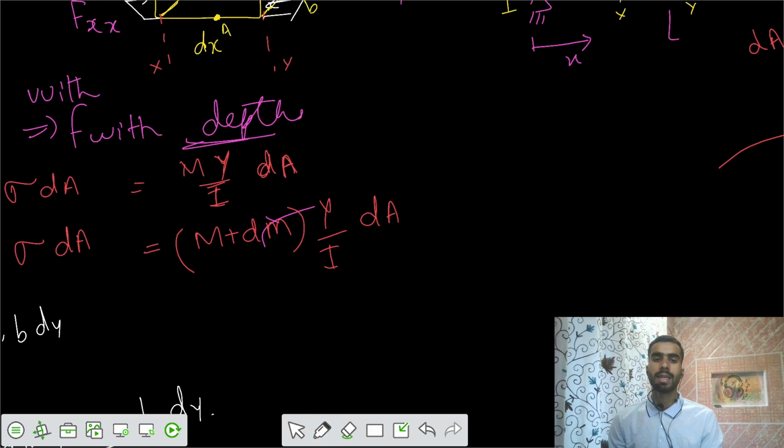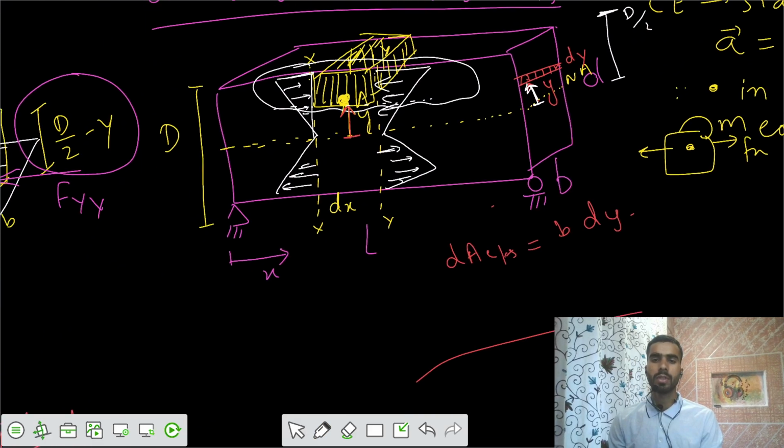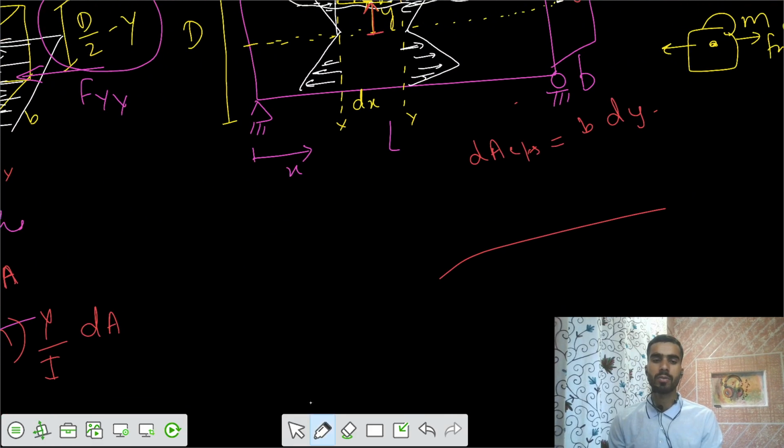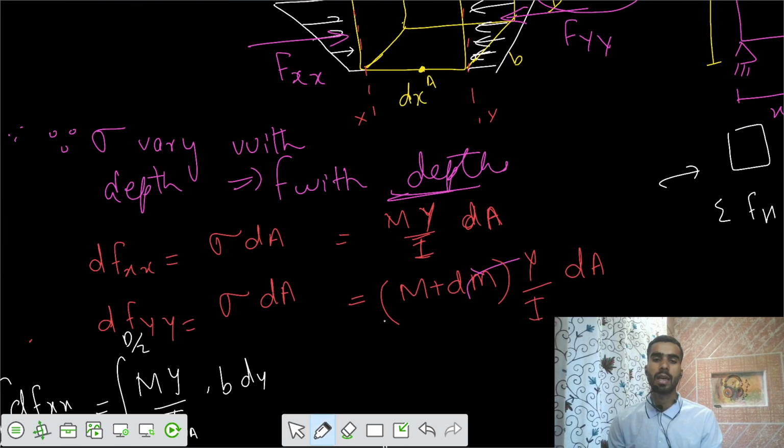Now there's no external force acting here, so the summation of forces in the horizontal should equal 0, because we are dealing with statics. So on this element, this was some neutral axis, and this was point A at a distance of y from the neutral axis.